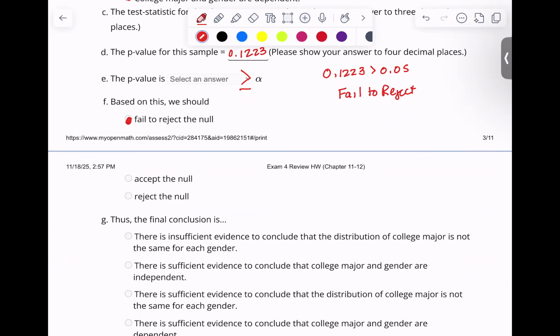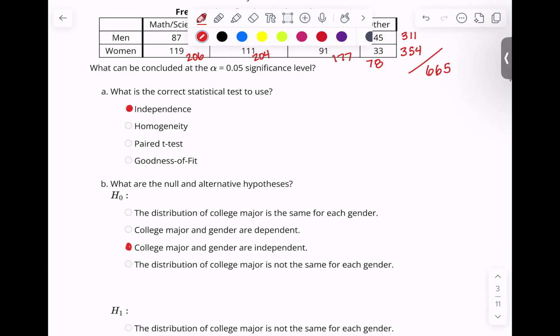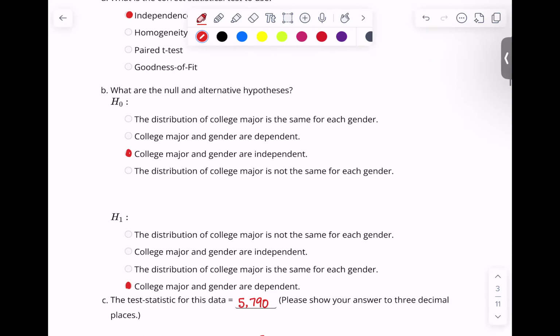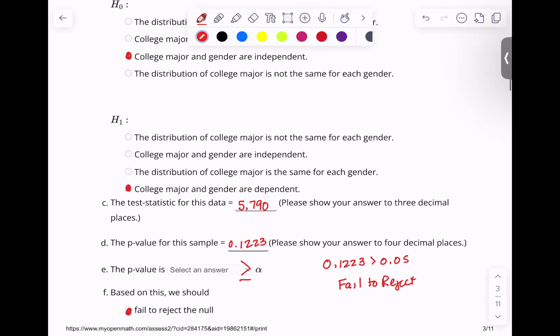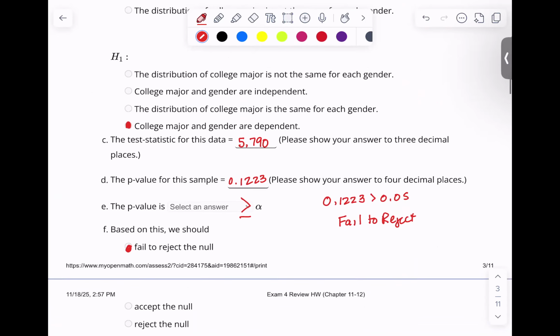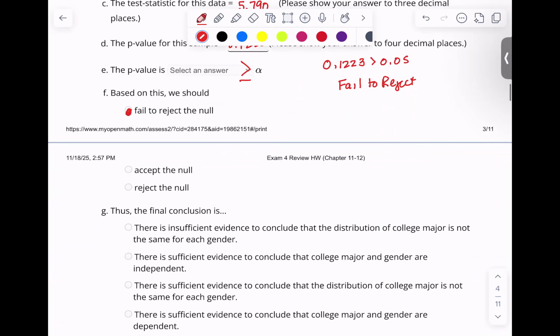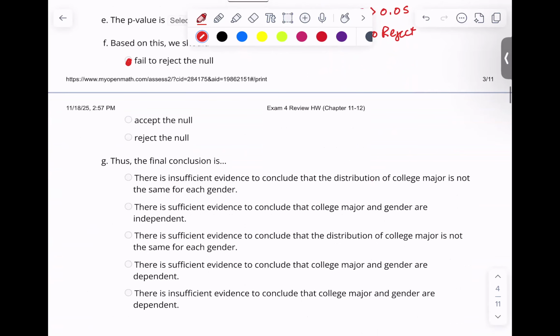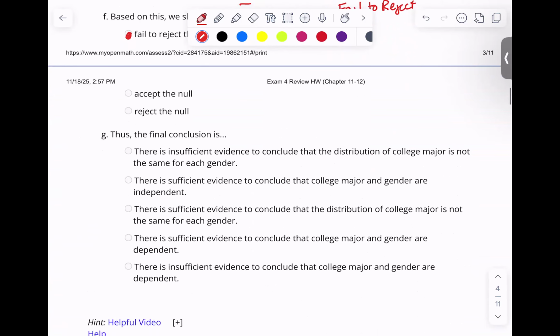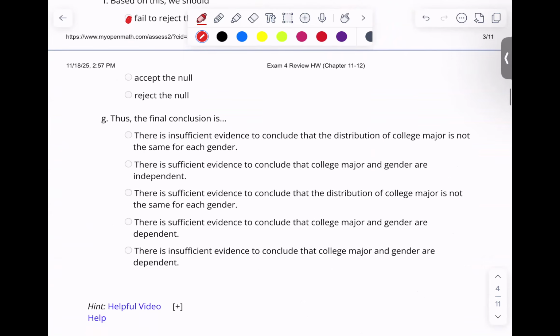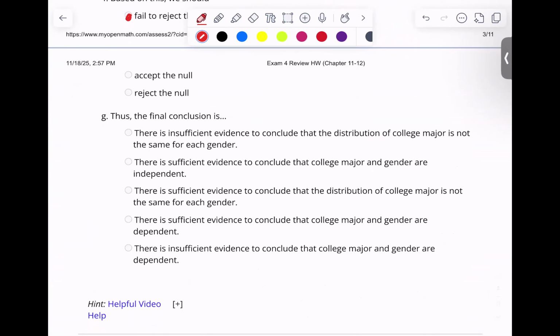So what's our conclusion? Well, if we're failing to reject the null, then we're not agreeing that the alternative is true. So there's not sufficient evidence to conclude that the alternative hypothesis is true. So of the choices here, we have the last one.